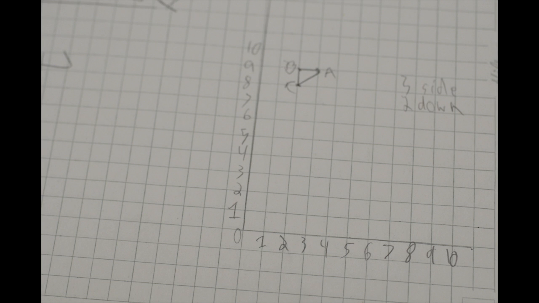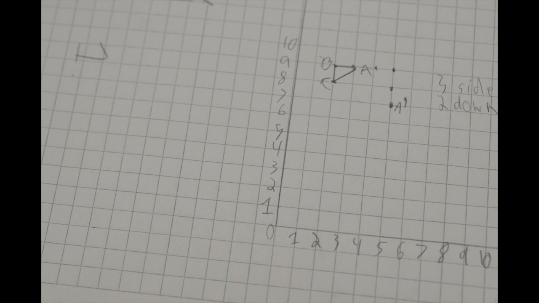Then if you want to decide where it goes, you give the certain places. So in this case it's going 3 to the side and 2 down. So with point A we go 3 to the side and 2 down, as you can see. Then we mark that spot A prime, since it's the second.